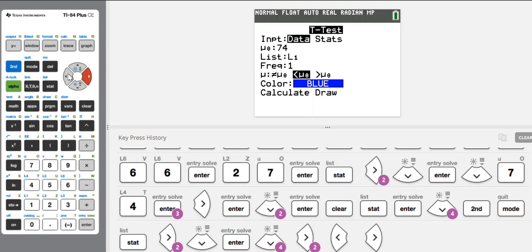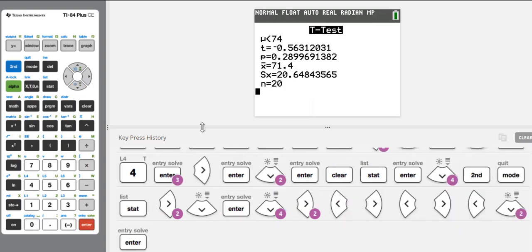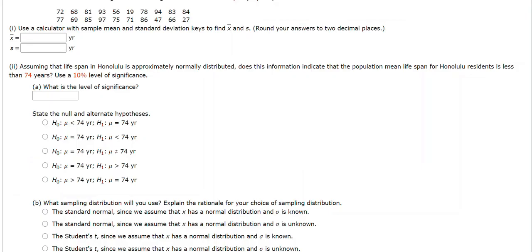You can also think of it this way: the one on the left is the left-tail test, and the one on the right is the right-tail test. We use the left-tail test because it's less than, and I go down to Calculate. It gives me this t number, this p-value, and then the x bar and the sample standard deviation.